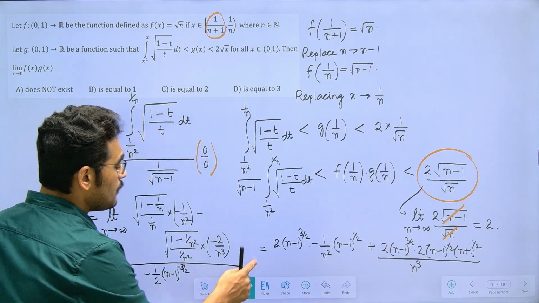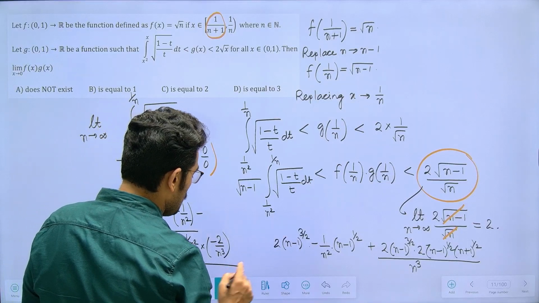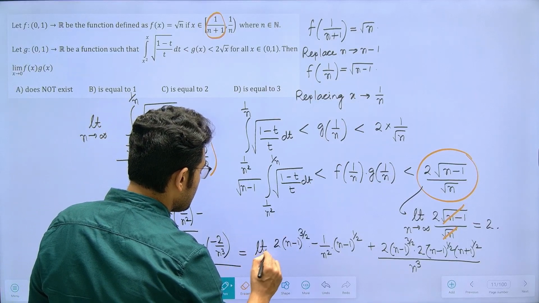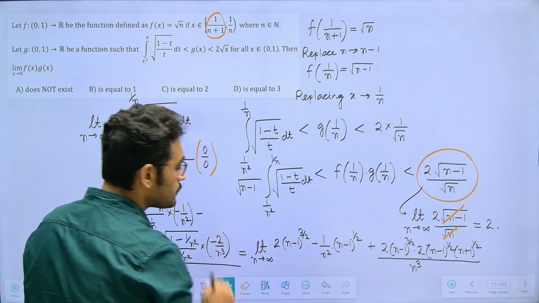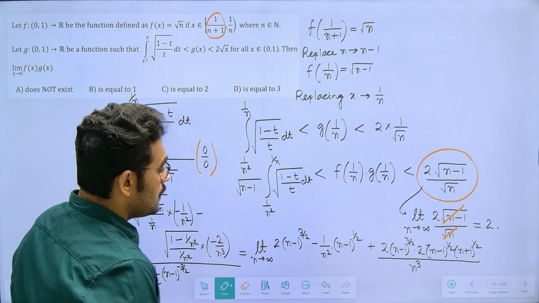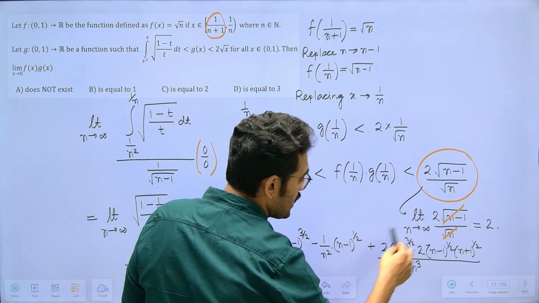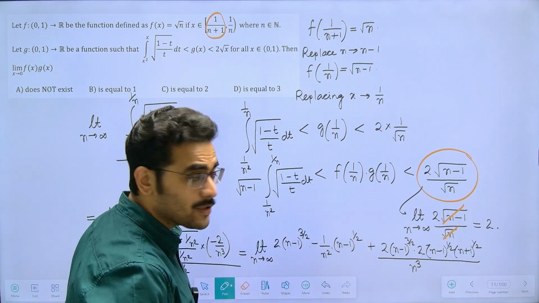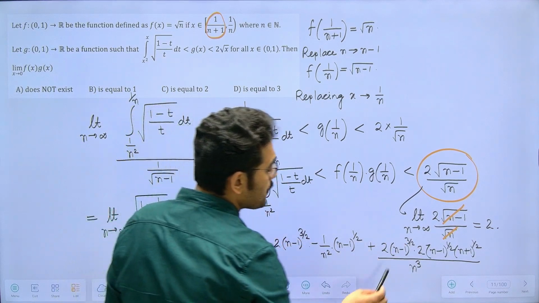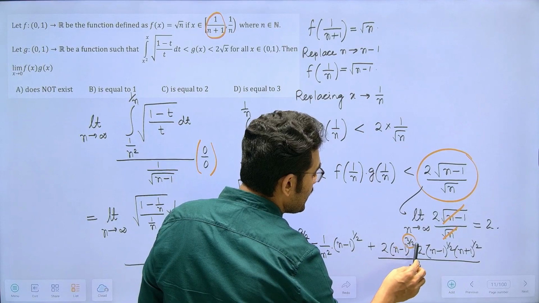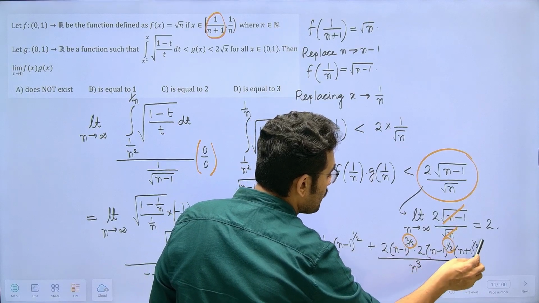So what is the limit value of this as n tends to infinity? Now check here for the numerator, what is the highest power of n, because n is tending to infinity. n power 3 by 2, n power 1 by 2, n power 1 by 2.